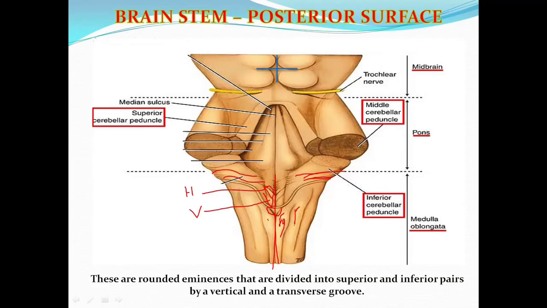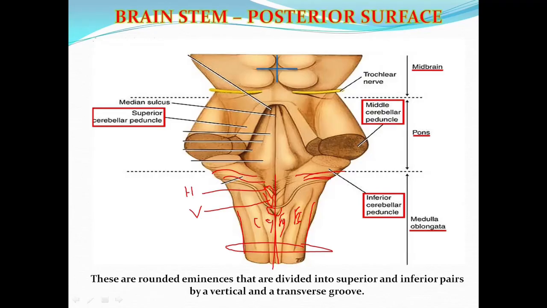Then on either side I have the fasciculus cuneatus. So here we have the gracile nucleus and the cuneate nucleus, and I can call them the fasciculus cuneatus. Then lastly, on either side we have the inferior cerebellar peduncle, which continues with the same features as the spinal cord.